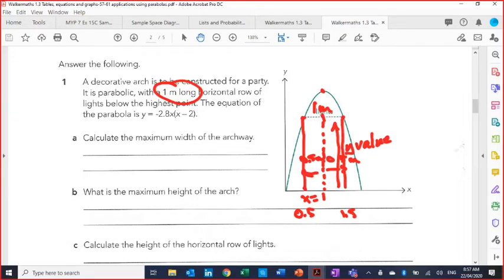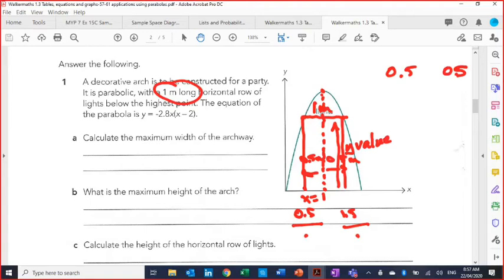You know some things because of the symmetry. Right down the middle is where x equals 1. If this is 1 meter long, it's split in half, 0.5 and 0.5. So on one side you subtract 0.5 from 1, on the other you add 0.5 to the 1, and that'll give you the other 2 values.